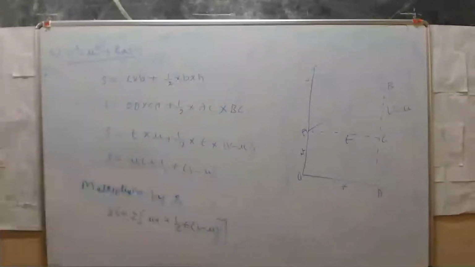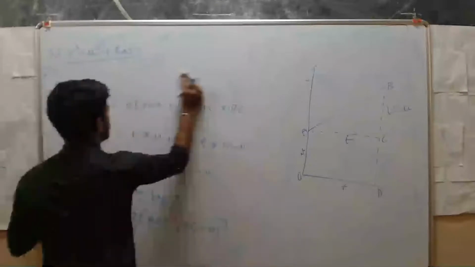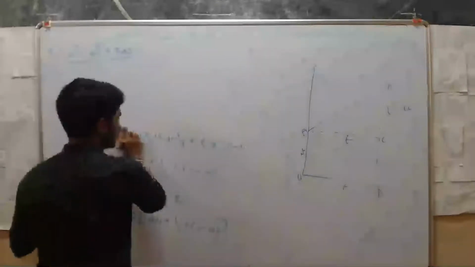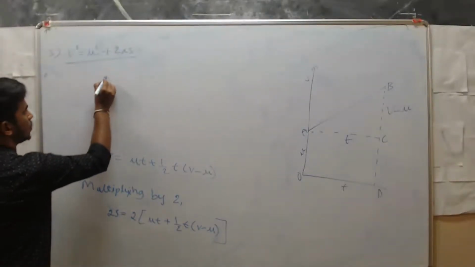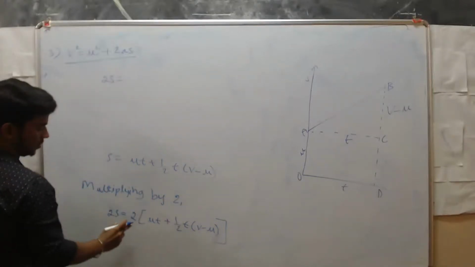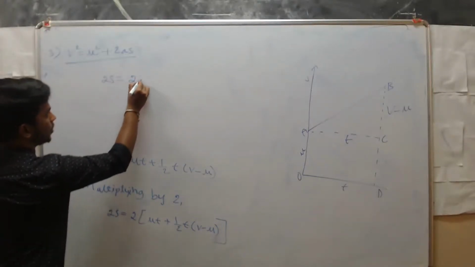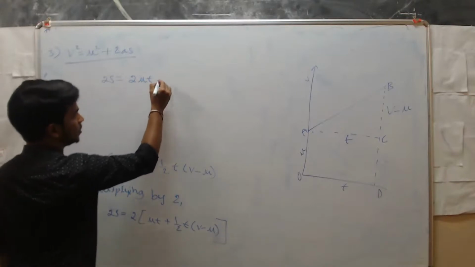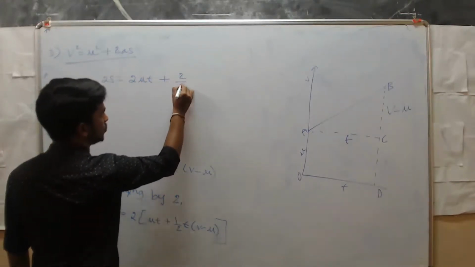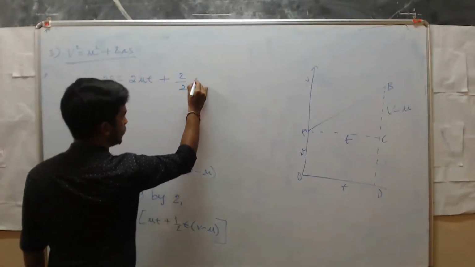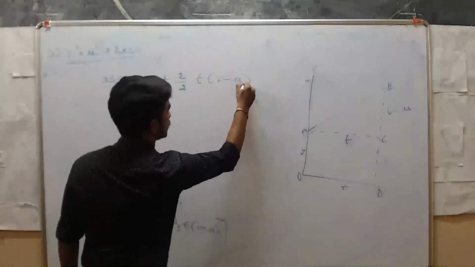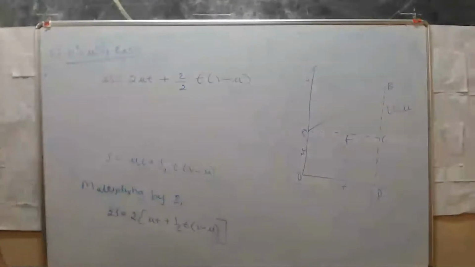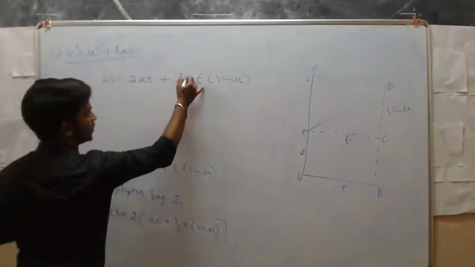So this equals 2 into UT plus 2 by 2 into T into V minus U. Then here we will cancel, right?